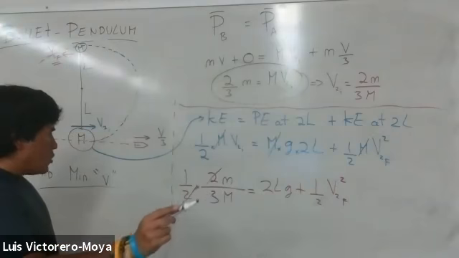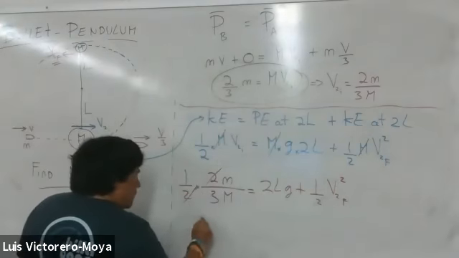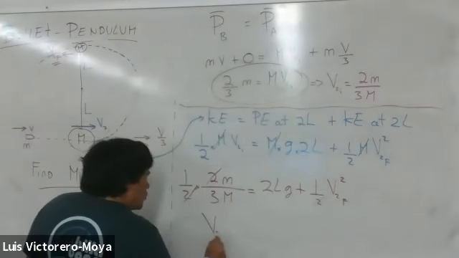I multiply by 2, so V2 final will be the square root of V2 initial squared minus 4Lg.